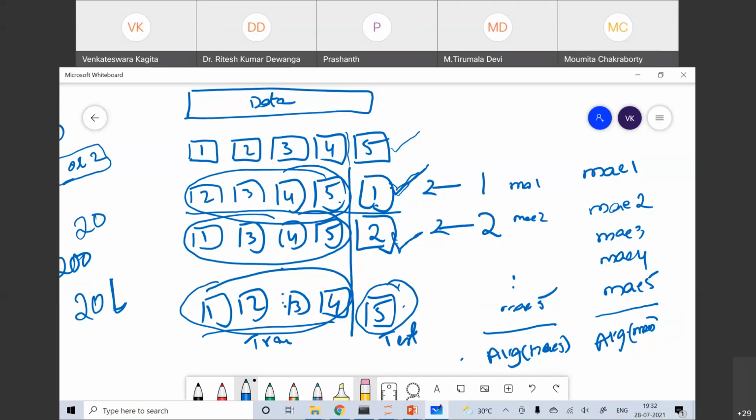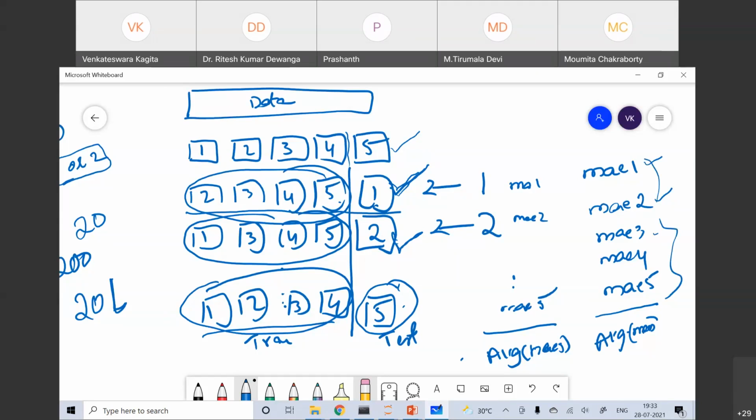Each time I measure the MAE, or whichever measure I have selected, in each of these folds. Suppose the measure is MAE, I take MAE at run 1, which is MAE1, MAE at run 2, which is MAE2, MAE at run 3, and so on. I get 5 MAEs and take the average as the final MAE. So this is 5-fold cross-validation.